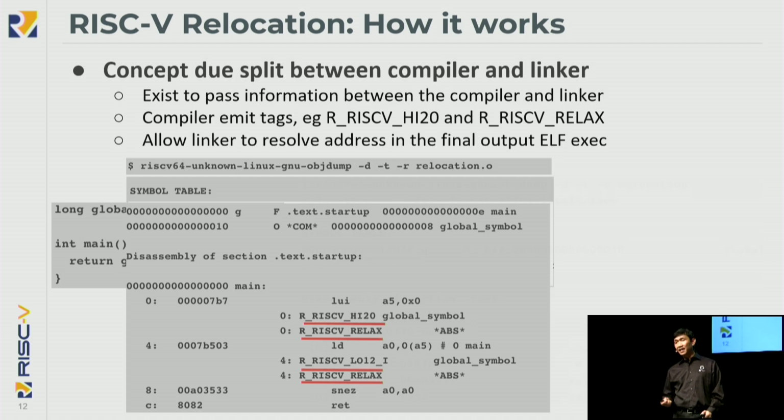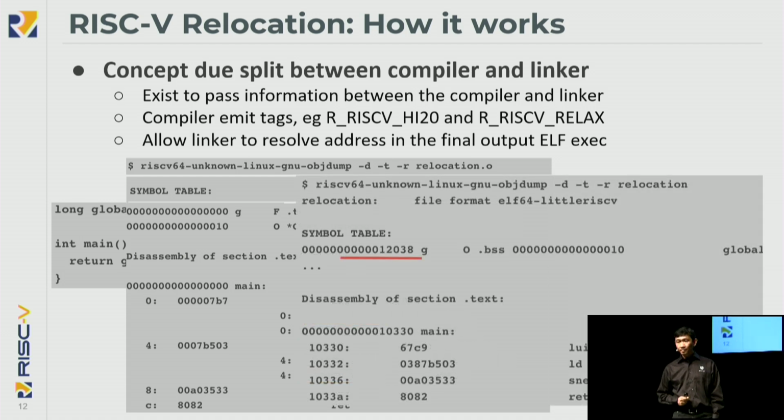With this, during link time, because at the final linking you know where your global variable is located, that emitted tag will get dropped and resolved with the appropriate address itself, as you can see there. And that HI20 simply indicates the high 20 bits of the address.